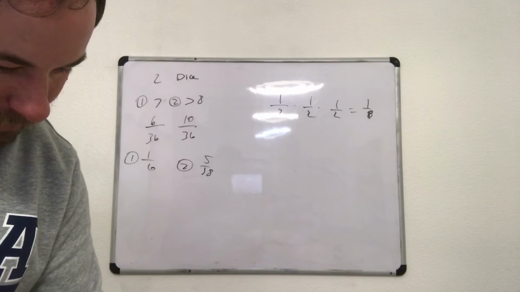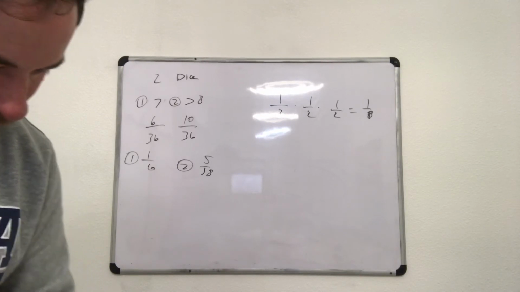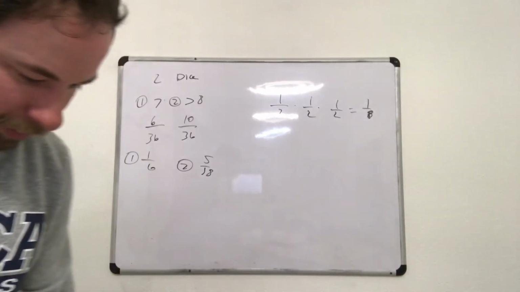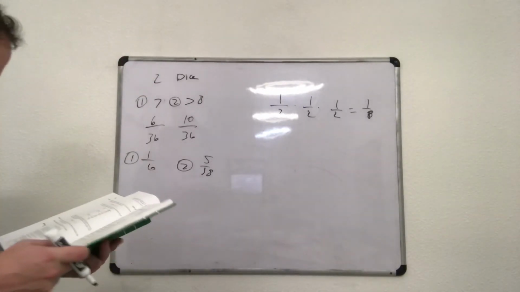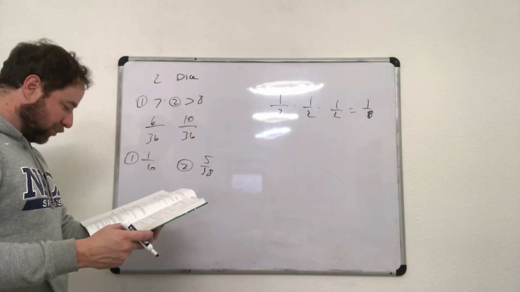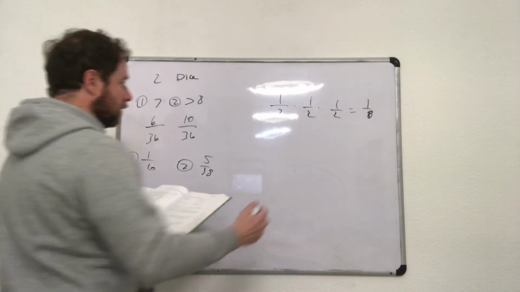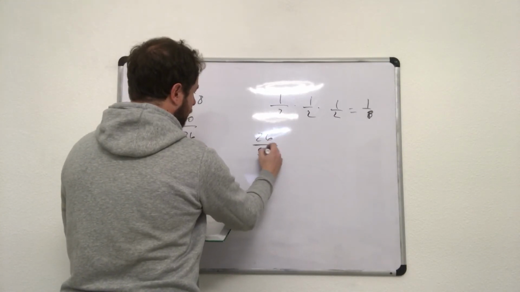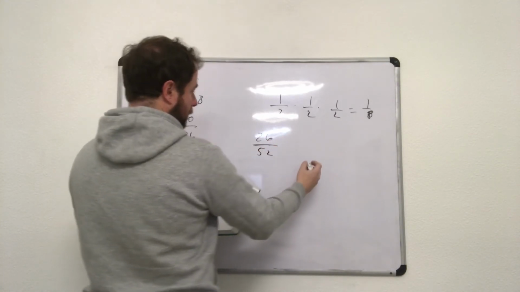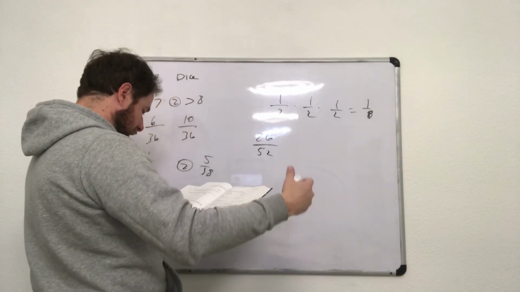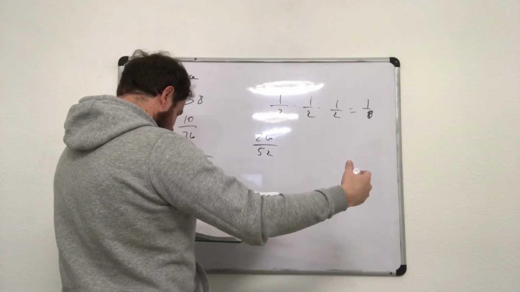Then the last one is with a deck of cards or with marbles. It says 2 cards are drawn from a 52 card deck without replacement. What's the probability that the first one is red? Okay, the first one is red. Well, there's 26 red cards out of a 52 deck of cards. And then they want to know, what's the probability that the second one is black?